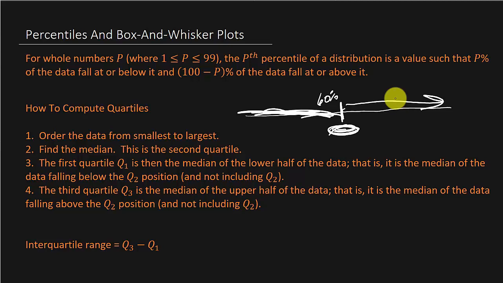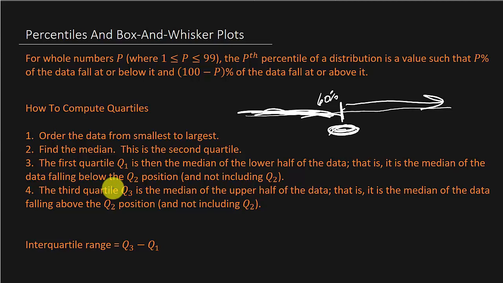The other thing is we have what we call quartiles, and that's something we're going to have to find when we're doing these Box-And-Whisker plots, and that's why I'm mentioning these percentiles. The first quartile, which we call Q1, and you can see that right here, is the 25th percentile.